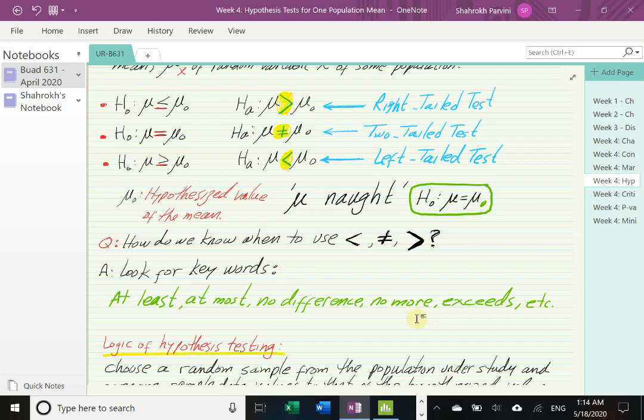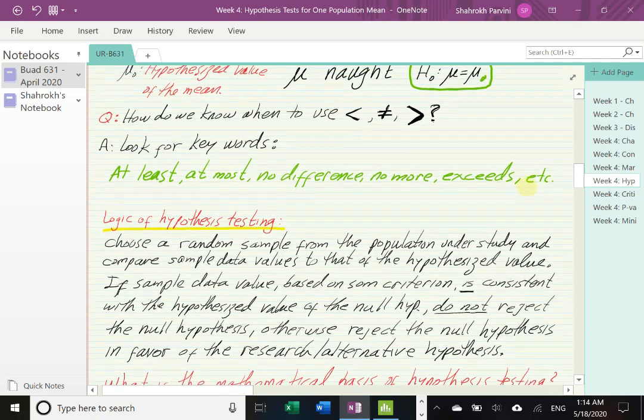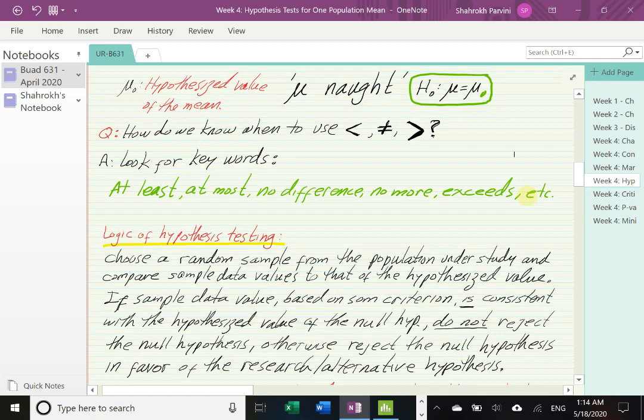So, now what's the logic behind this? What are we going to do? Here I have it in one paragraph, the logic of hypothesis test. And I guess it's common sense. What we want to do is choose a random sample from a population. The null says the mean is whatever, and we get a sample from the population. We're going to compare the sample mean to the hypothesized value of the mean, and see how far apart they are from one another.